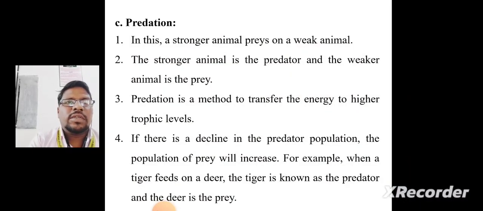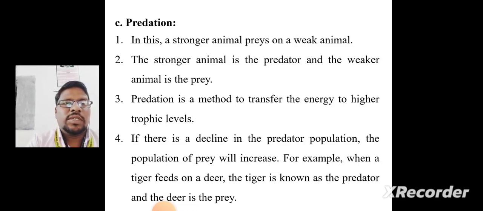Predation. In this, a stronger animal preys on weaker animals. The stronger animal is the predator, the weaker animal is called prey. Predation is the method of transferring energy from lower to higher trophic levels. If there is a decline in the predator population, the prey population will increase.